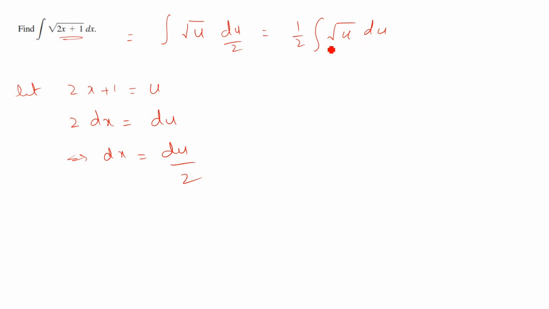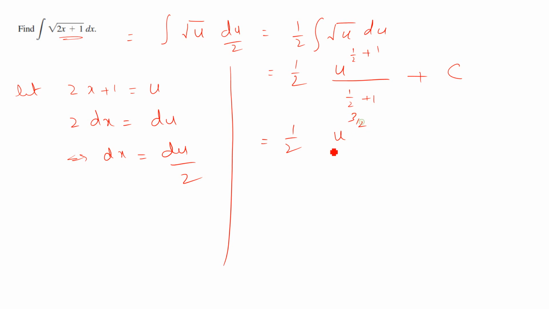Now we have to integrate this. This is equal to 1 over 2 times u to the power 1 by 2 plus 1 divided by 1 by 2 plus 1, and plus, of course, the constant of integration. So 1 by 2, this is u to the power 3 by 2 divided by 3 by 2, plus c.